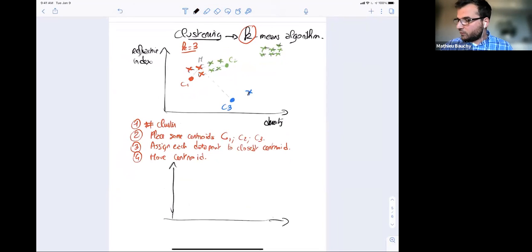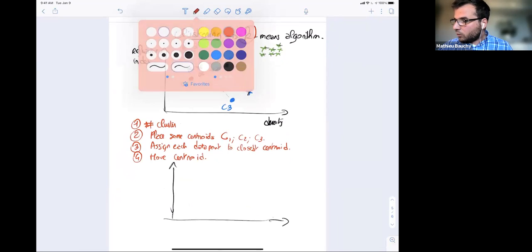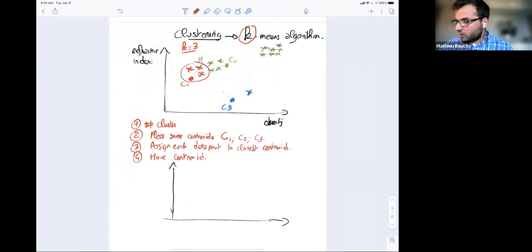What you will do now is take the group of red points, and you will recalculate the new centroid of those red points. The centroid is the average, right? So you calculate the average position of all of those red points.